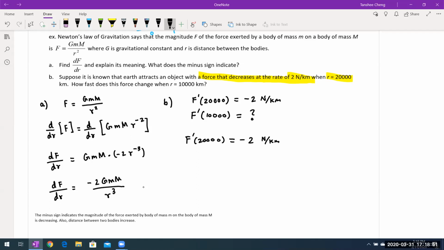And remember, G, little m, and big M are constants. Therefore, I have negative 2 G, little m, big M, all over 20,000 to the third power, and that must be equal to negative 2. From here, if I divide both sides by negative 2 and multiply both sides by 20,000 to the third power, I will get the value of G, little m, and big M, which is equal to 20,000 to the third power.